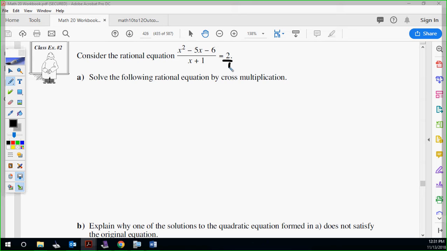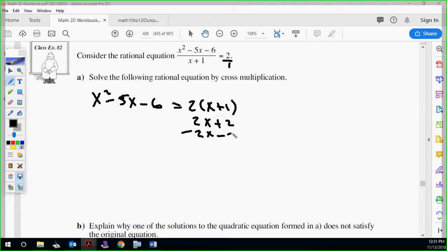But what happens is the 1 hits this, so that stays the same. The x plus 1 hits the 2, so it's 2 times x plus 1. And now we're working on solving. Then we distribute. We have 2x plus 2, and we're going to move that over to this side.